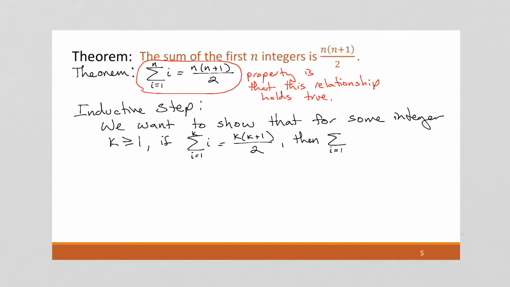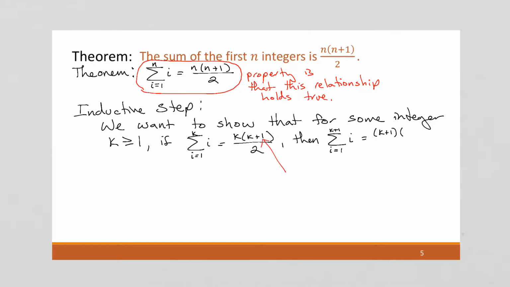Everywhere we had the n before, remember we replaced it with a k. Now we're replacing everywhere that has a k with a k plus 1. And here we've got k plus 1 in this other part.